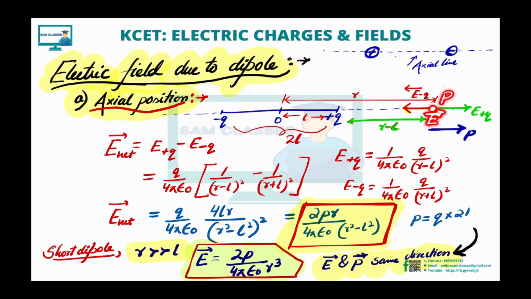This is very important. So here in this case we are trying to find the electric field at a point, let's name it P. At point P we want to find the electric field.